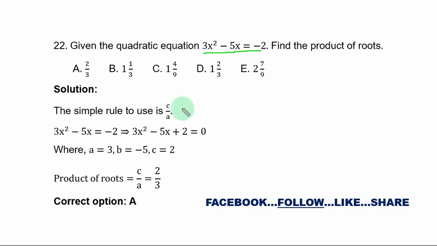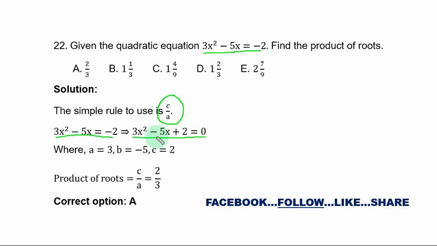But there is a simple rule: c over a is the same as the product of roots. So the given equation, you need to rearrange it to give this. To apply the rule, the right hand side needs to be 0. So minus 2 is moved inside.